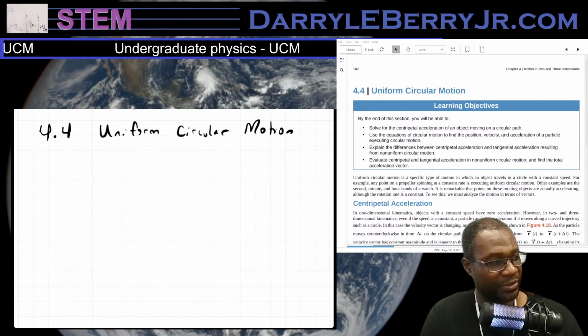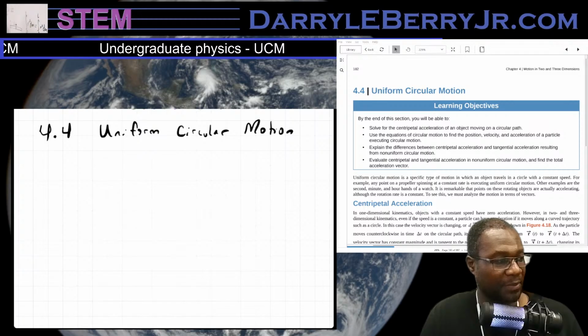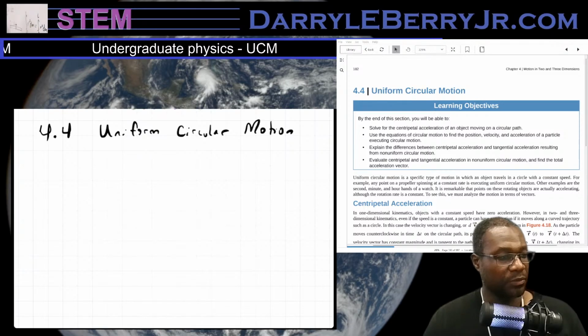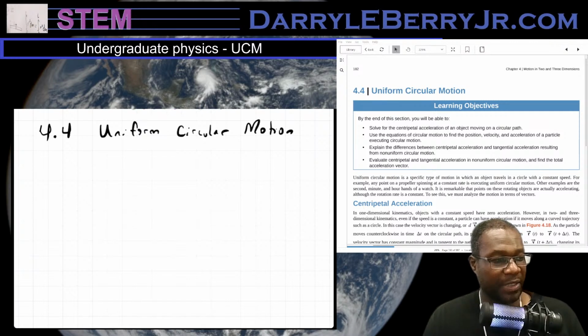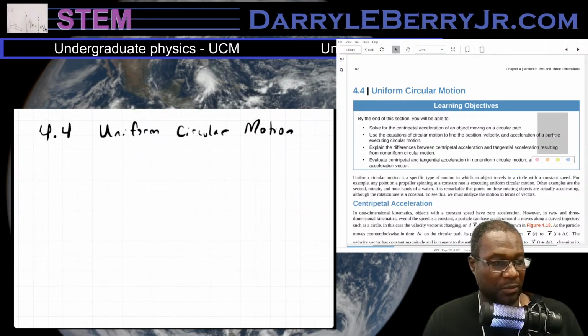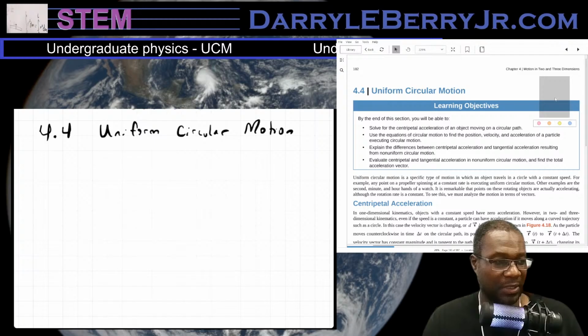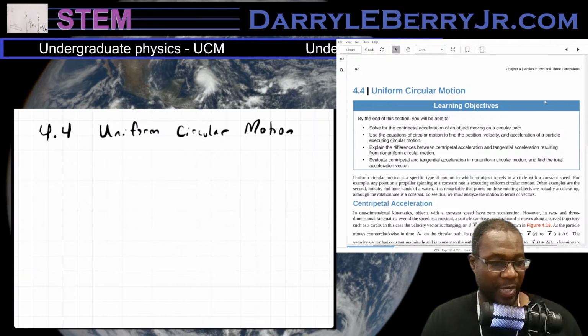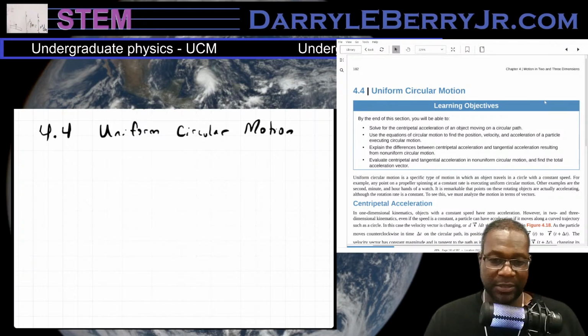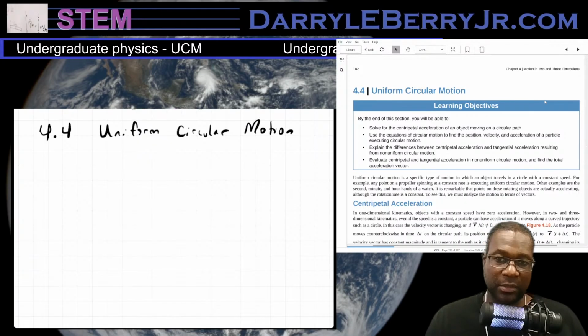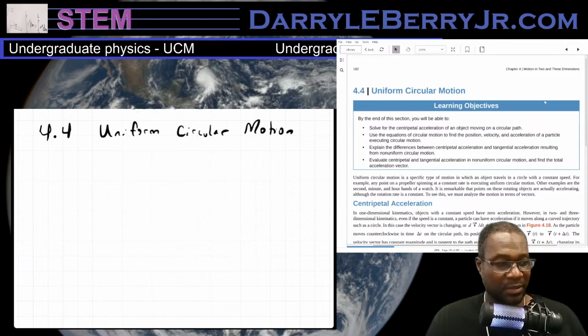In this section, you'll be able to solve for the centripetal acceleration of an object moving on a circular path, and use equations of circular motion to find the position, velocity, and the acceleration of a particle executing circular motion. Notice it says particle, as I'm learning now in more detail in graduate school. When you have a system of particles, often you can model that system as if all the particles are in the center of mass.